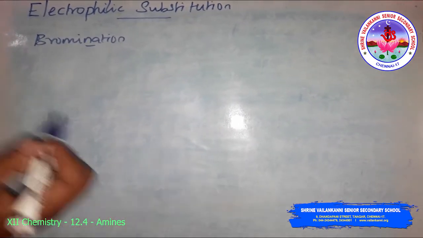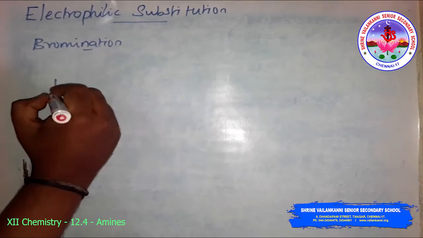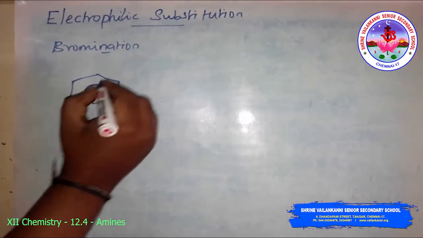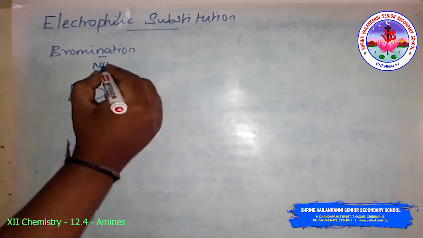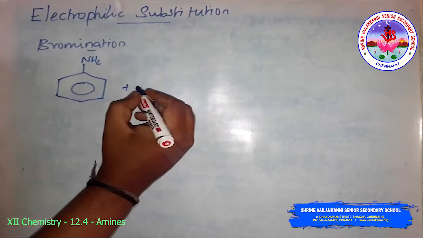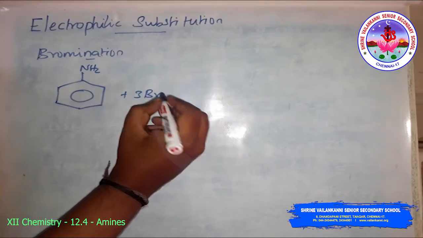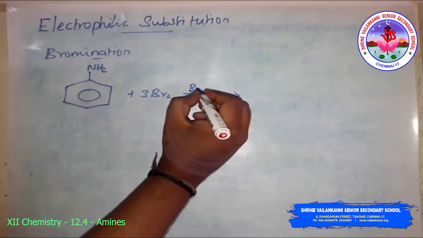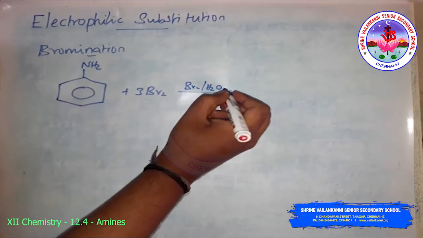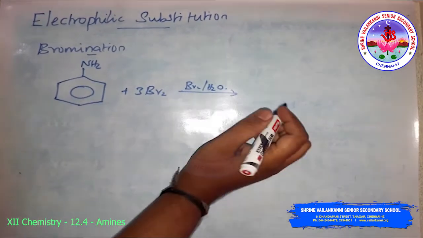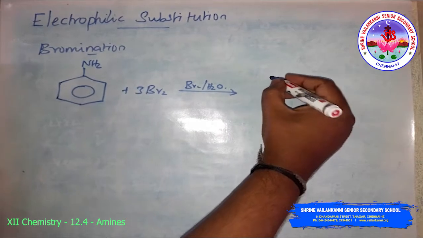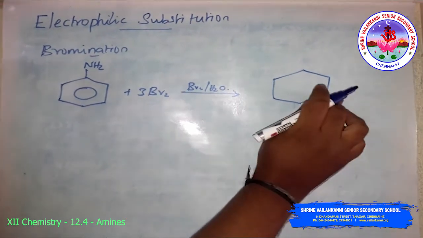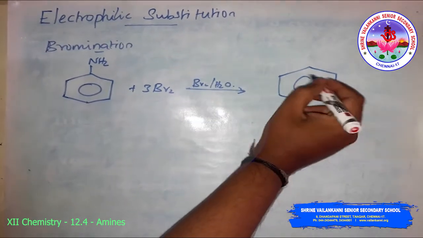The reaction is: aniline reacts with bromine water, 3 moles of bromine, to form 2,4,6-tribromoaniline.